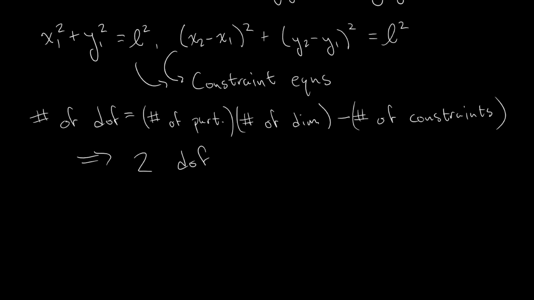So 2 pretty obvious choices, up to sines and cosines, are the ones which satisfy the first equation very well: x1 equals L sine phi, y1 equals minus L cosine phi.